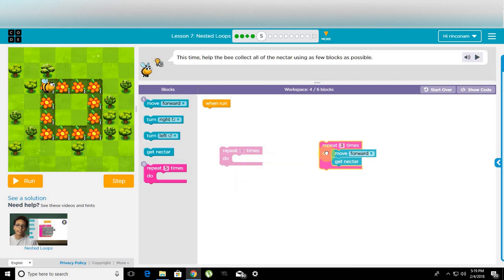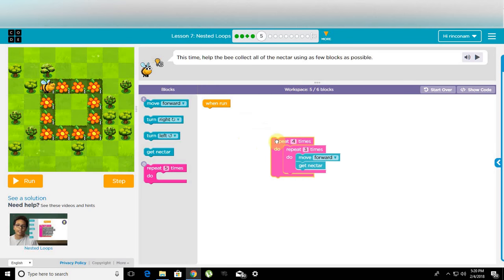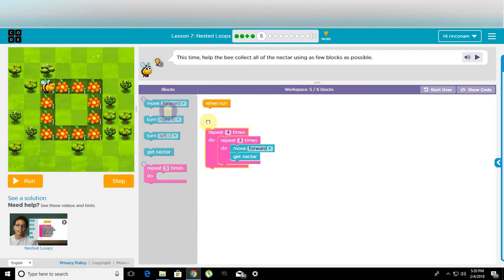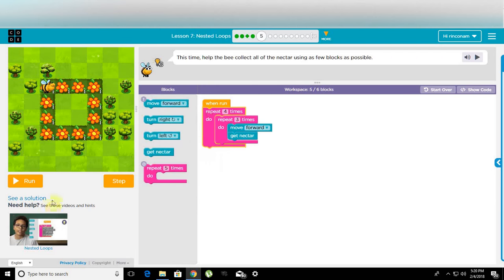Meaning, if this set of code takes care of 3 flowers, and there are a total of 12, we can do a little math. 3 times 4 will give me 12 flowers. So if I run that, let's see what happens.